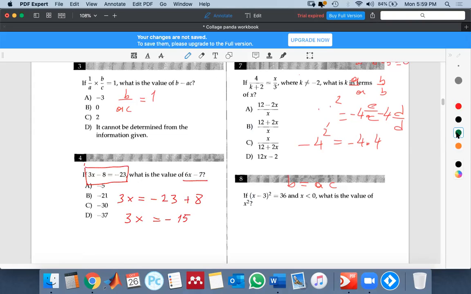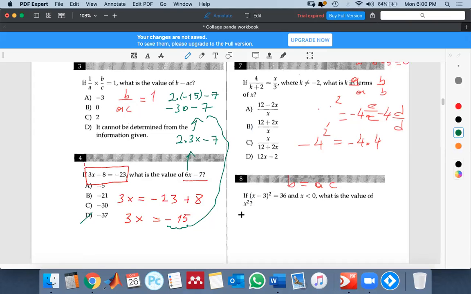So what is my question? 6x, and 6x means 2 times 3x. My question is 6x minus 7. So instead of 3x, I use negative 15: 2 times negative 15 minus 7. So negative 30 minus 7, the result is negative 37.